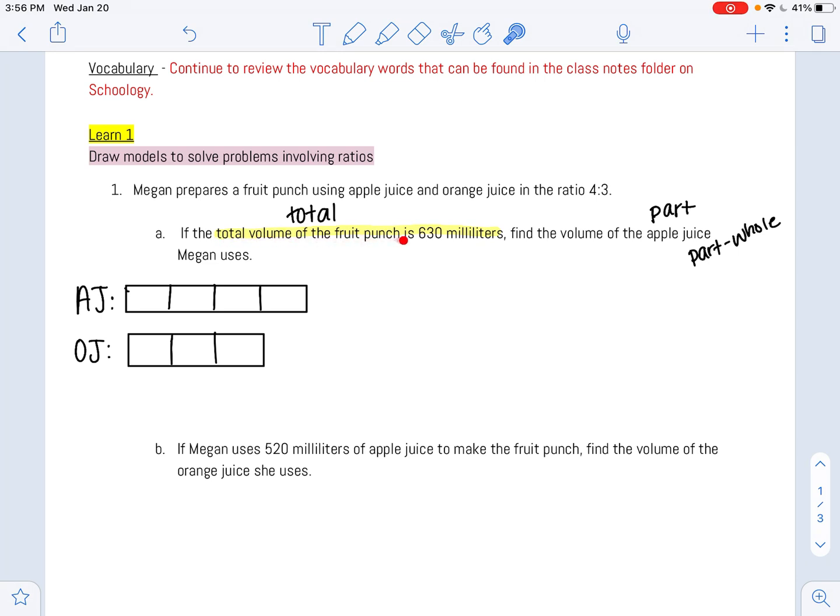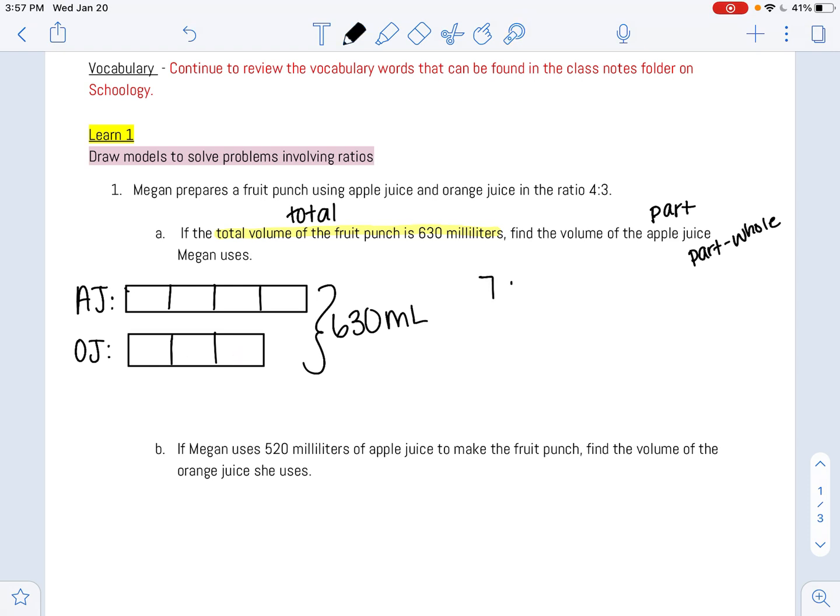It tells us that the total volume is 630. So that means this total amount is going to be 630 milliliters. What we're trying to find is just how much the apple juice is going to be. So I can see here that between the apple juice and the orange juice, that makes up 1, 2, 3, 4, 5, 6, 7 units.